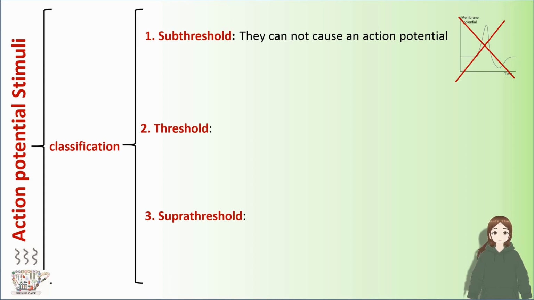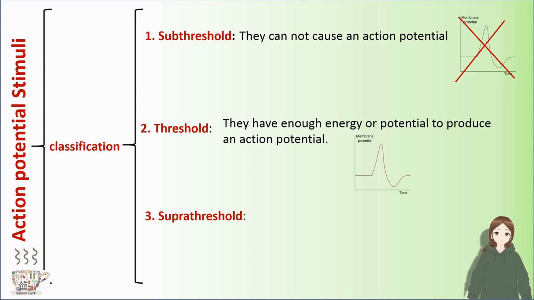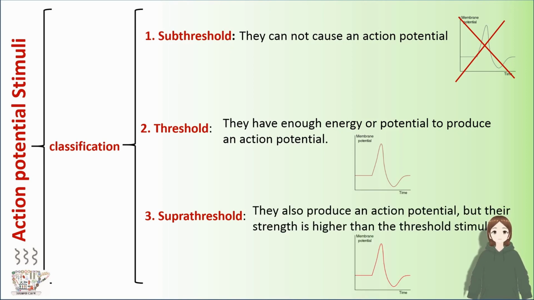Subthreshold stimuli cannot cause an action potential. Threshold stimuli have enough energy or potential to produce an action potential, and suprathreshold stimuli also produce an action potential, but their strength is higher than the threshold stimuli.